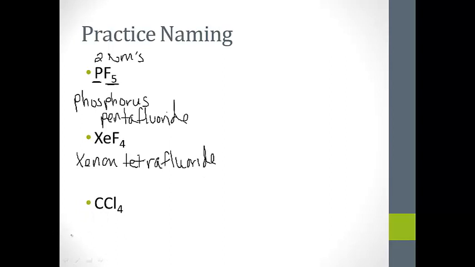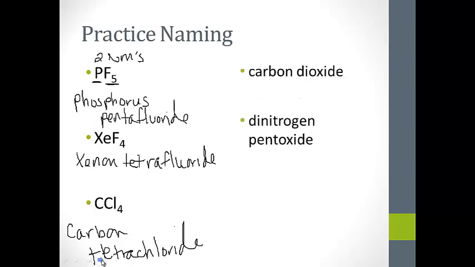Okay, and last but not least, you've got CCl4. This would be carbon, only one of them, tetrachloride. Okay, so carbon tetrachloride.